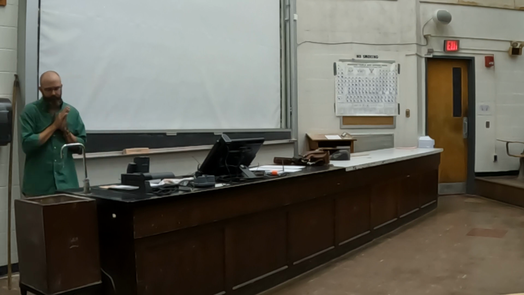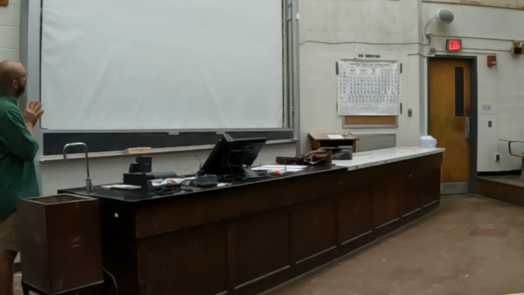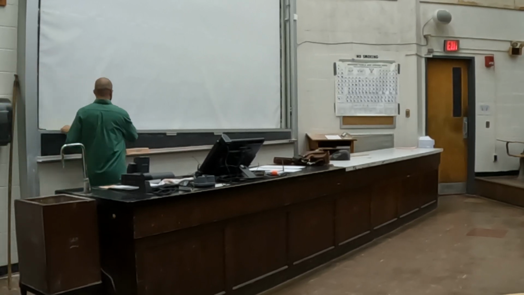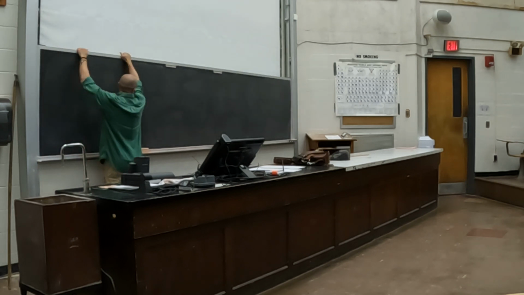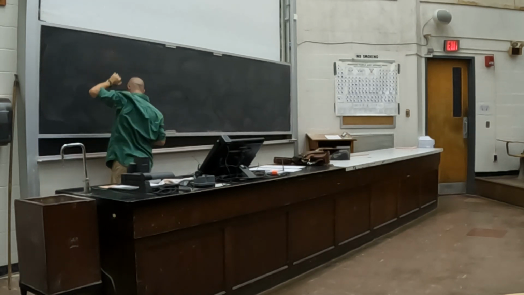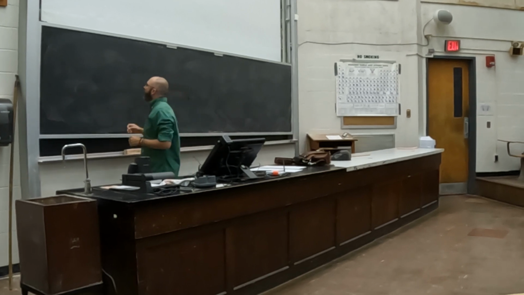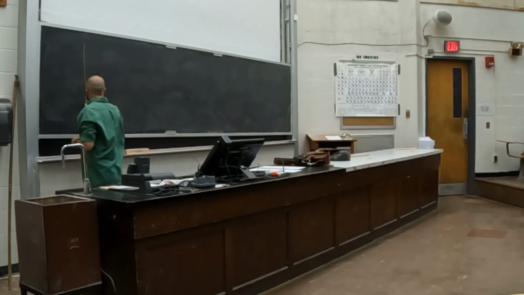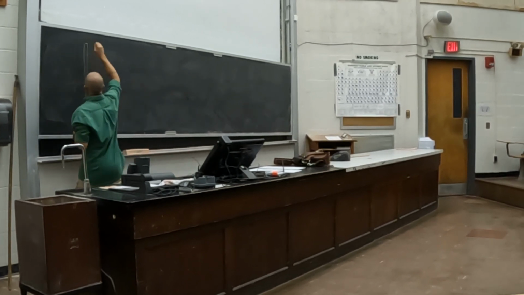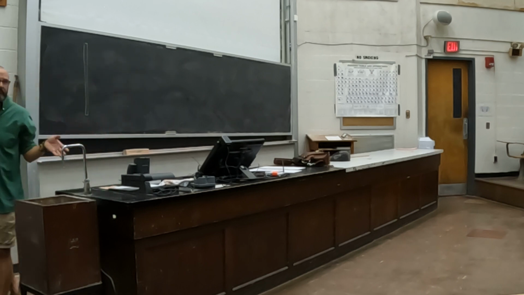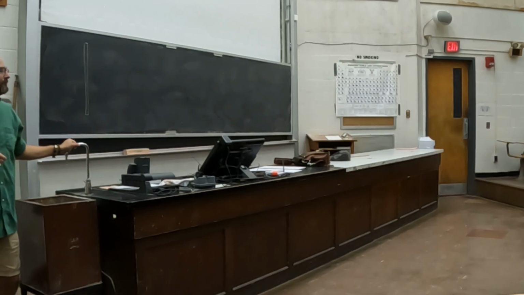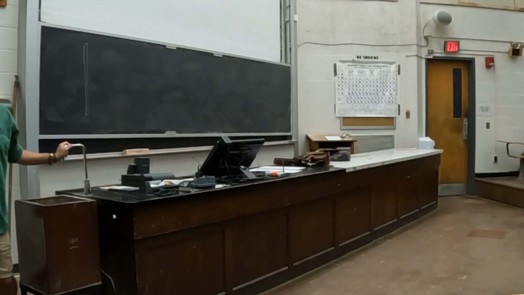So, let's imagine that I have a conducting rod, just a piece of metal, right? And I'm going to take a charge. We all know it's an electron, that's what moves in metal.